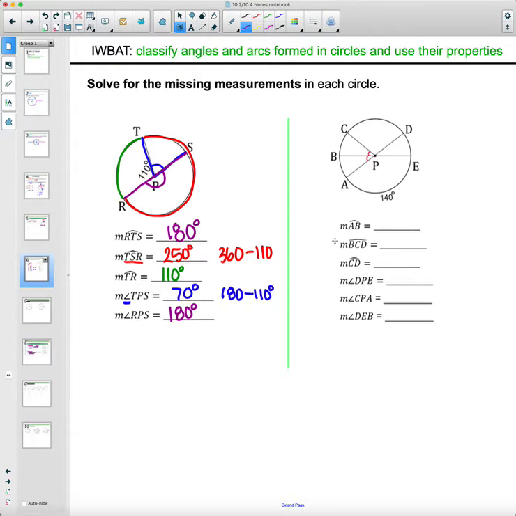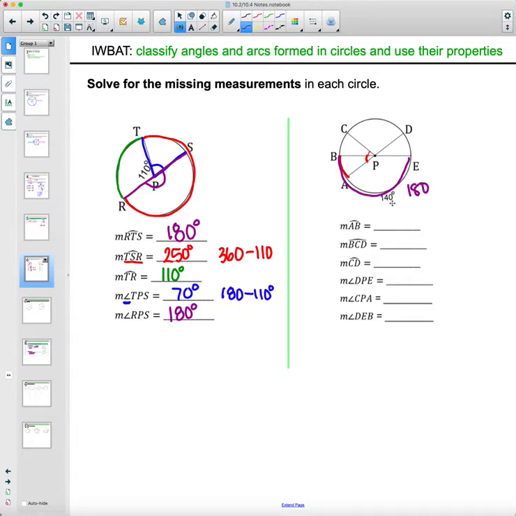Next one, arc AB. We're going to have to figure out these angles first. Remember, arc AB is going to be the same as its central angle, the angle that goes into P and starts and stops at AB. So if we can figure out this angle, that's the same as this one. Or you can look at that this is a semicircle here, and a semicircle is 180 degrees.